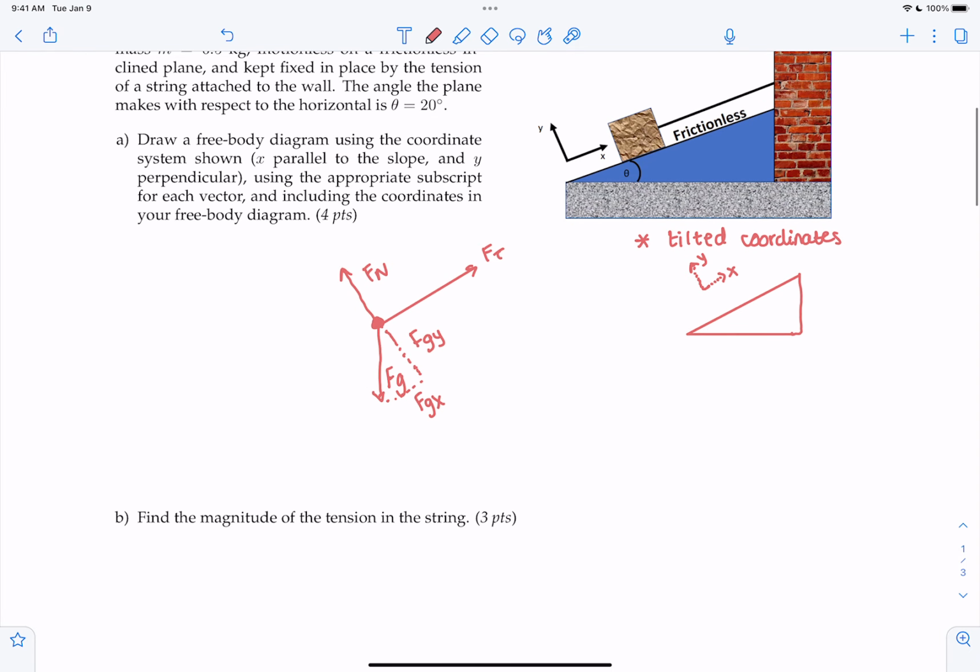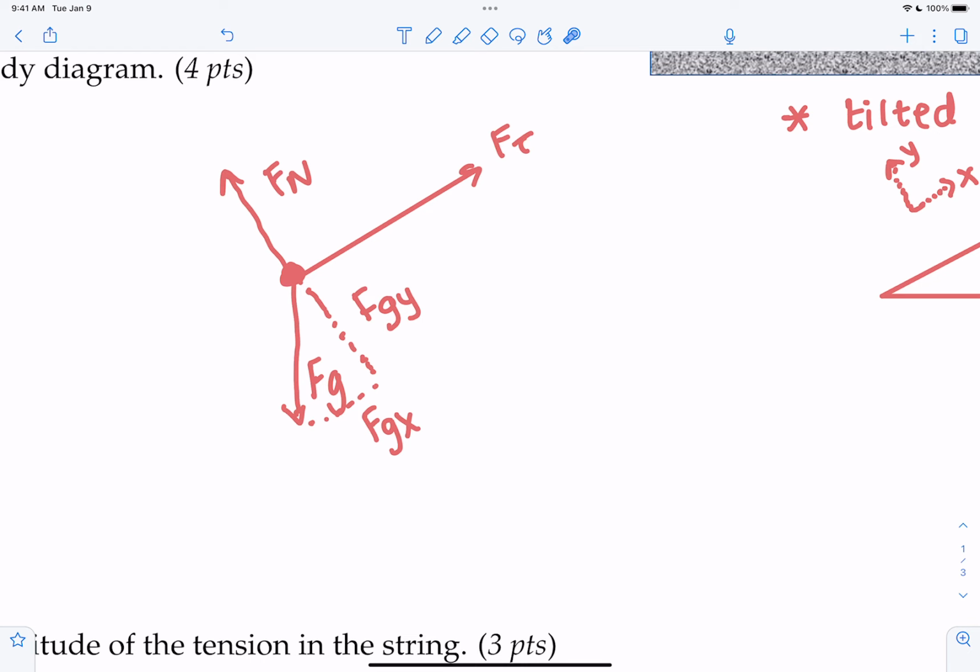And so at the same time, when we have this angle of incline, they say that this is 20 degrees. Know that that 20 degrees is also the same measure of the angle here. So this is also 20 degrees. That's always the case.